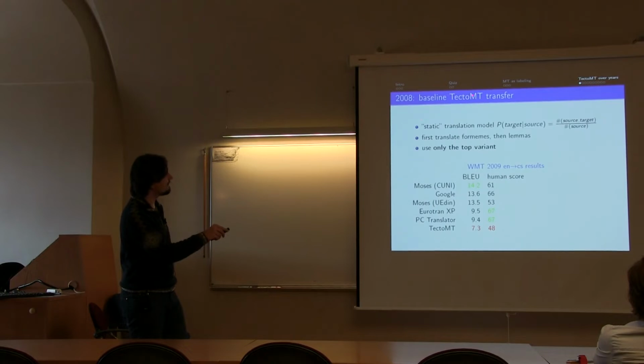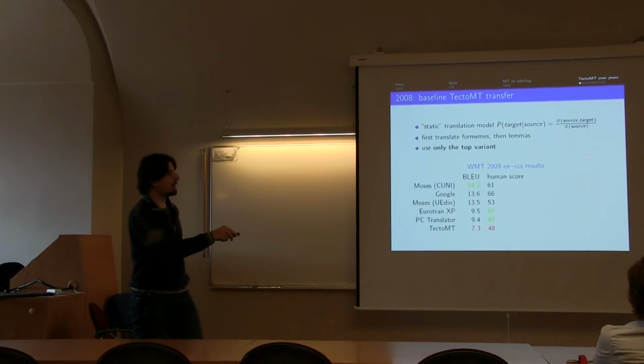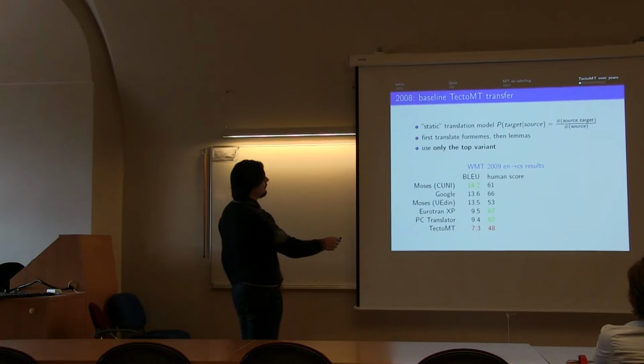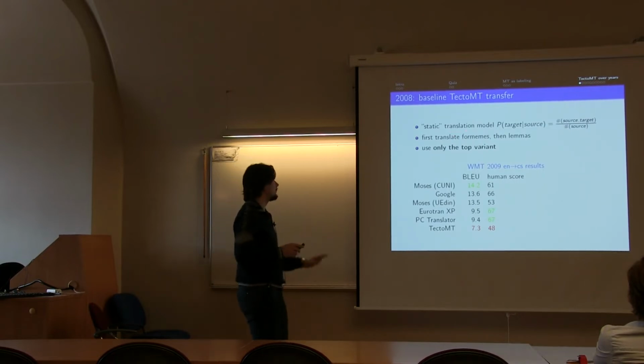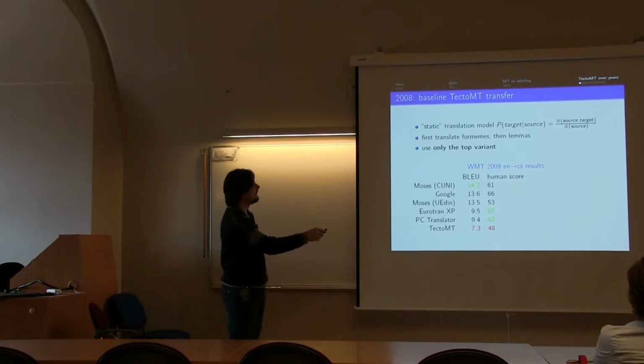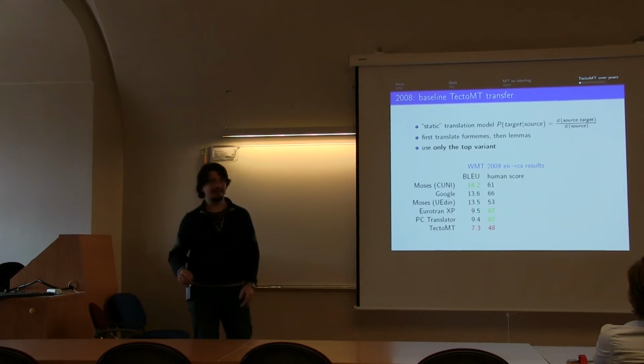Moreover, in this naive baseline, only the topmost translation was used, the one with the highest probability. All others were just disregarded. And the translation of lemmas and formemes was almost independent. I think first formemes were translated, then lemmas.